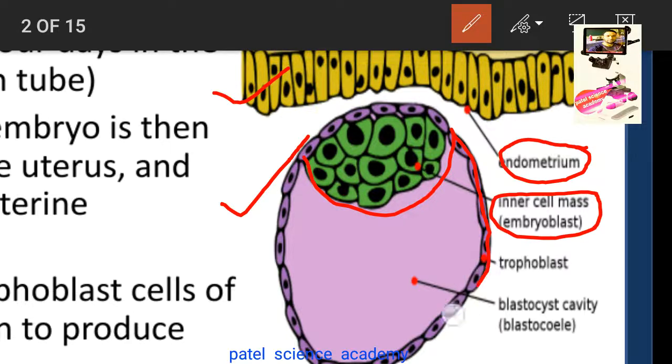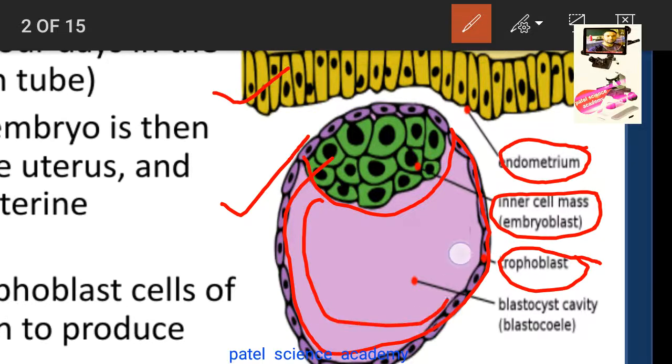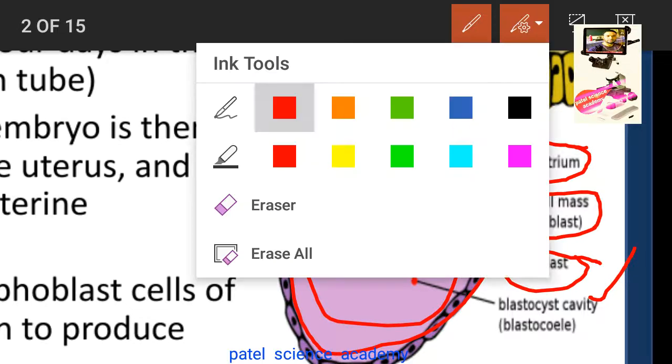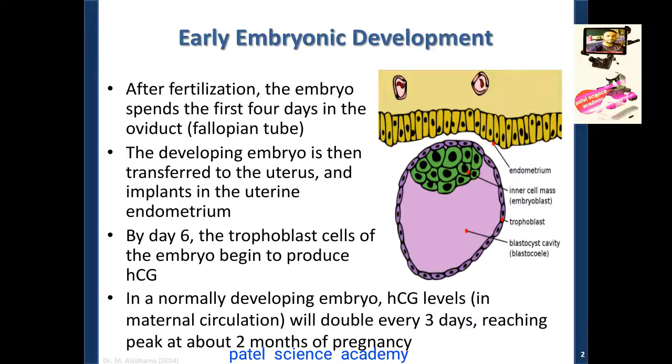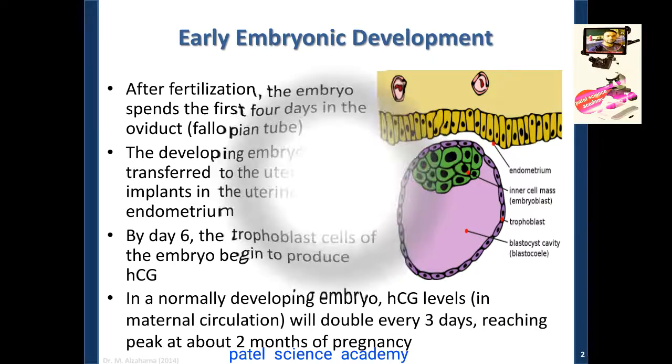Then this is the layer of trophoblast cells, and this space is called the blastocyst cavity or blastocoel, and this structure is called the blastula. These are the different changes that take place during early embryonic development in the female body.